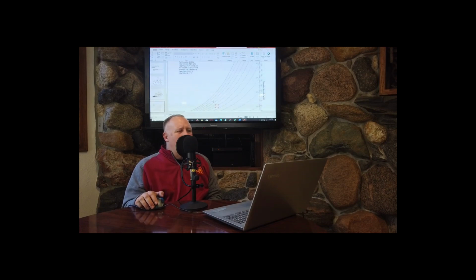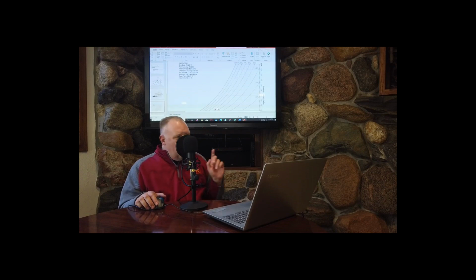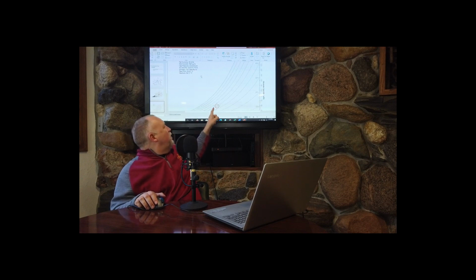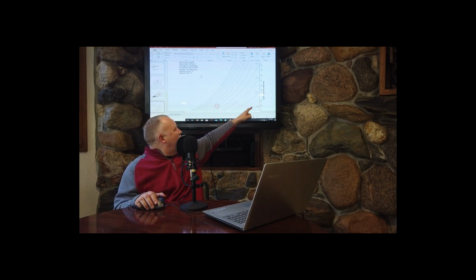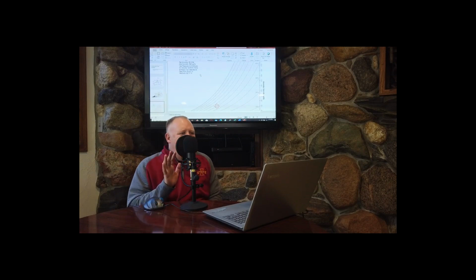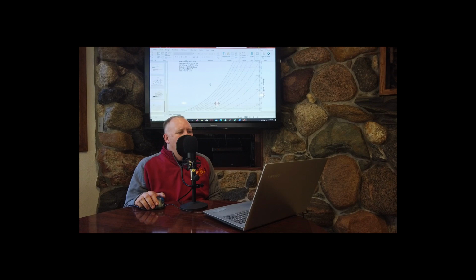Then read the relative humidity. The relative humidity is 50%. The absolute humidity in grains, if you follow this out to the right, should be right about 59 or 60 grains of moisture. Should be real close to that 59 point. Vapor pressure, don't worry about that one.